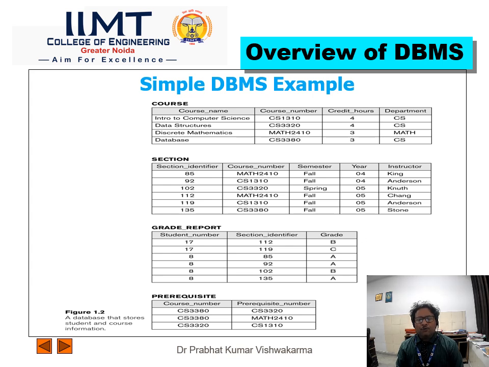So if we only represent the course name, course number, credit hours, and department, these are known as a database schema. And once we enter the values, that is called the database state. These are some of the snapshots of the database management system.